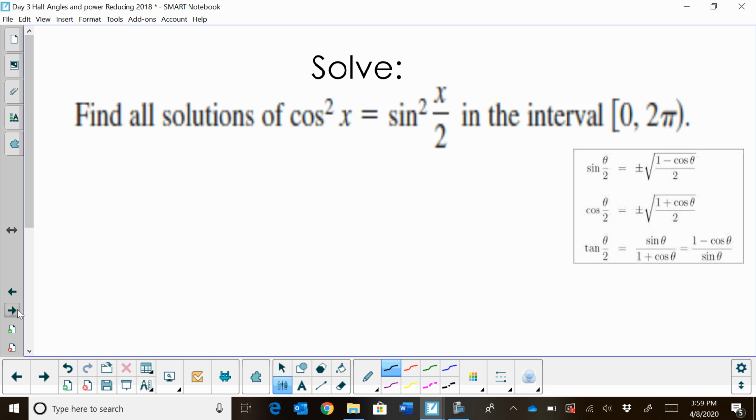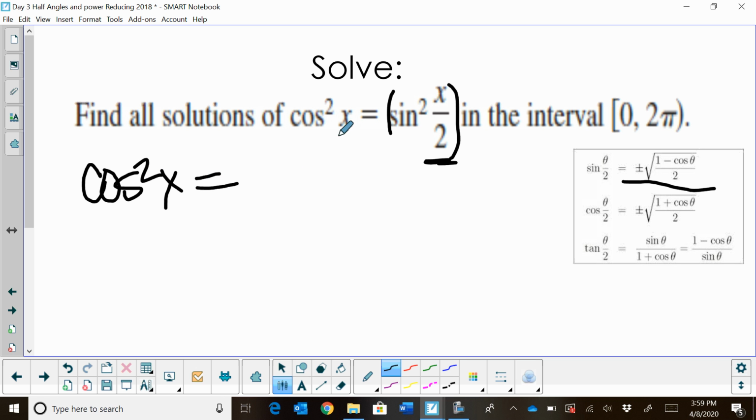Now let's look at solving this one. Find all solutions of cosine squared x is equal to sine squared x over 2. So we have a half angle formula. So we're going to replace this half angle with the sine formula. Again, we're going to square it, which is kind of nice because then we get rid of some positives and negatives that we don't have to worry about.